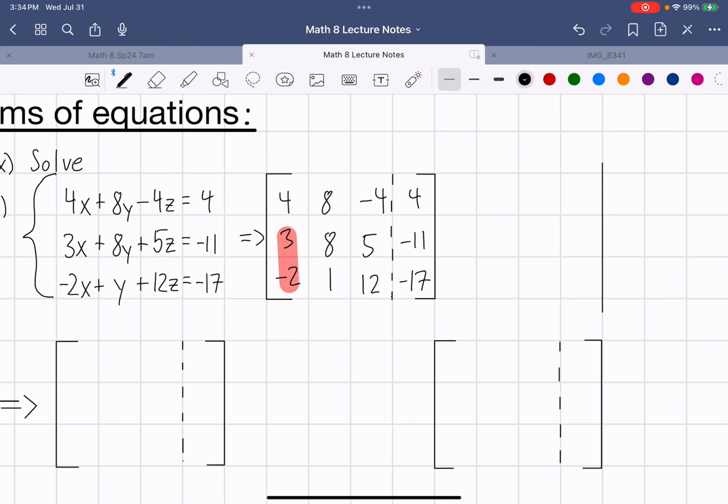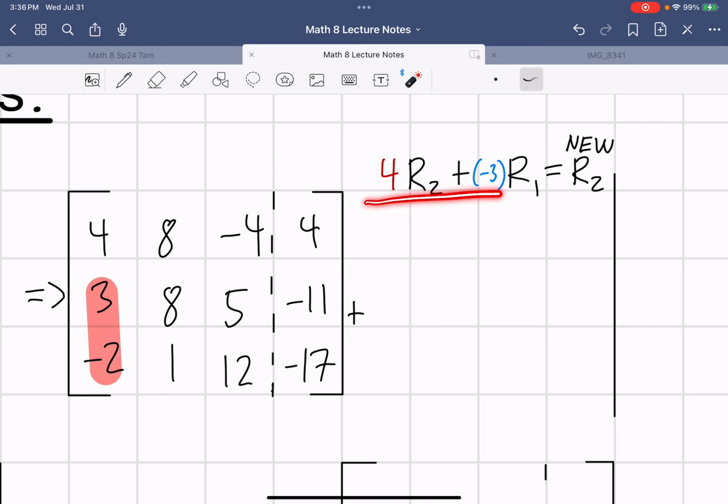Now, I like to write it out just because it helps me keep track of the work I'm doing. And then I write it out in the very next rows. So I start by writing that first row. So multiply 4 to the entire second row. So it's going to be 12, right? 4 times 3 is 12.